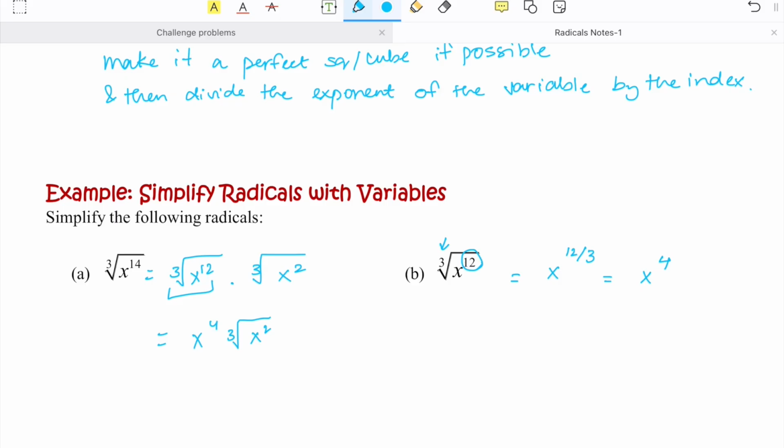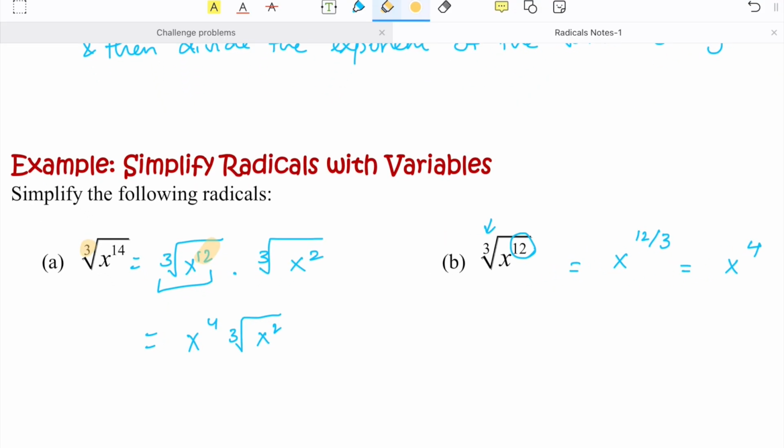You guys get why I wrote 12 over here and why it was easy for me to detect that? So I looked at my index, which was 3. I looked at the multiple that's closest to 14, which was 12, which makes this a perfect cube. Now I did 12 divided by 3, which gave me 4.